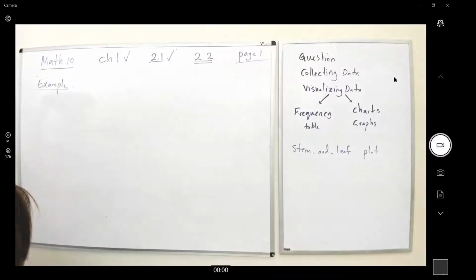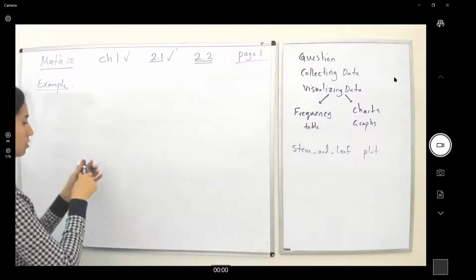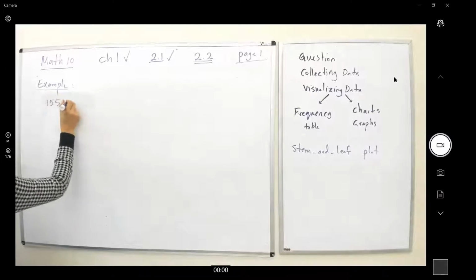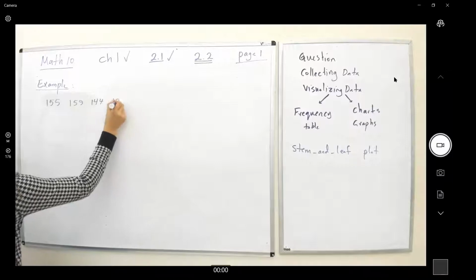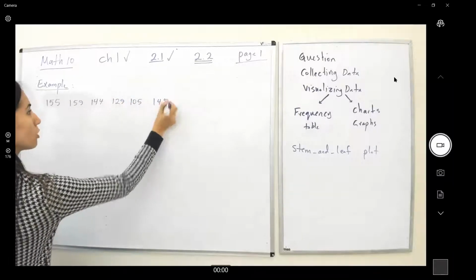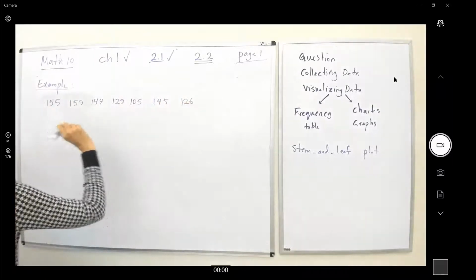We have 155, 159. We have 144, 129. We have 105, 145, 126. What else do we have?